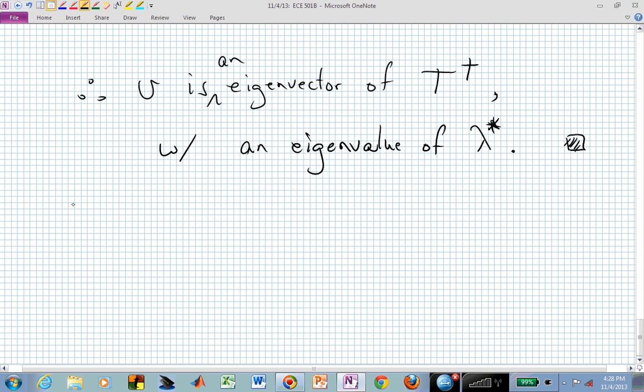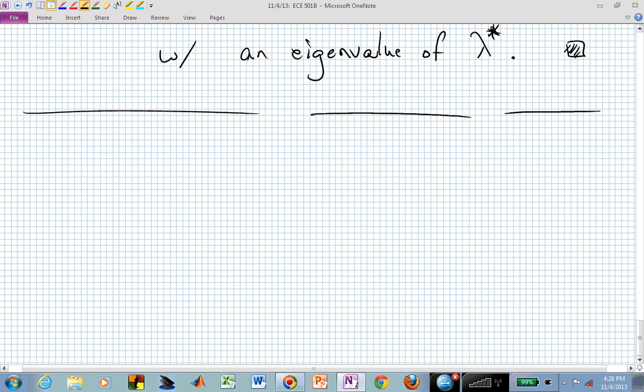We said we had another corollary that we wanted to look at for normal operators, and that's Corollary 7.8.